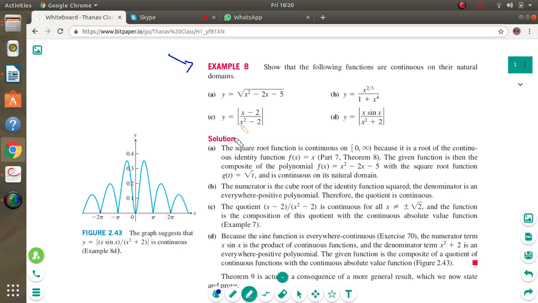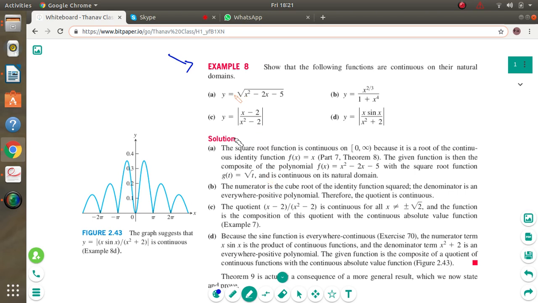Square root of... root of the continuous.